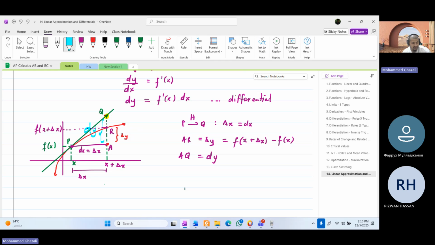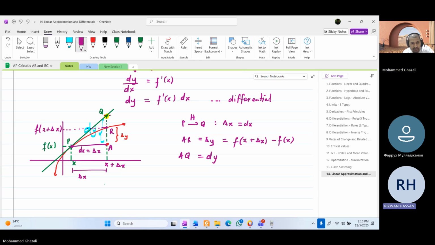Mister, I thought delta y and dy were the same thing. No, they are not the same. If you change the value of x horizontally, that is the same, but over here you're getting two different values.